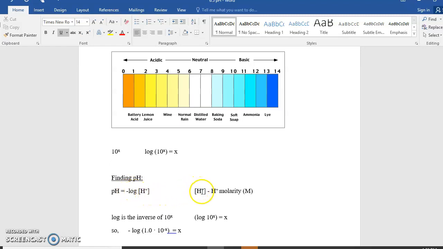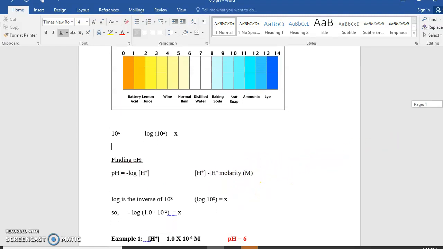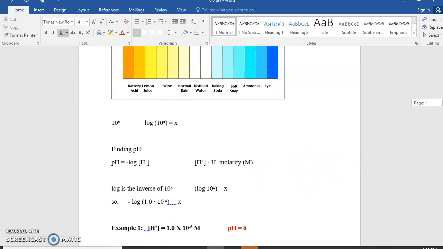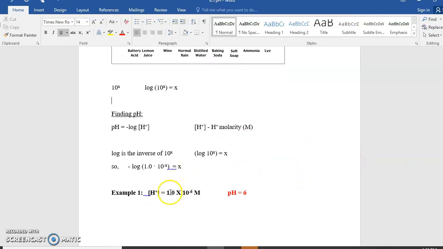So this H plus here in brackets is hydrogen ion molarity, capital M, molarities. What this means, if you have a nice, pretty clean number, if your H plus ion, for example here, is 1.0 times 10 to the negative 6 molar, then your pH is just 6. Because 1.0 times 10, all of that gets canceled out by the log. So negative log of 1.0 times 10 to the negative x is just x.